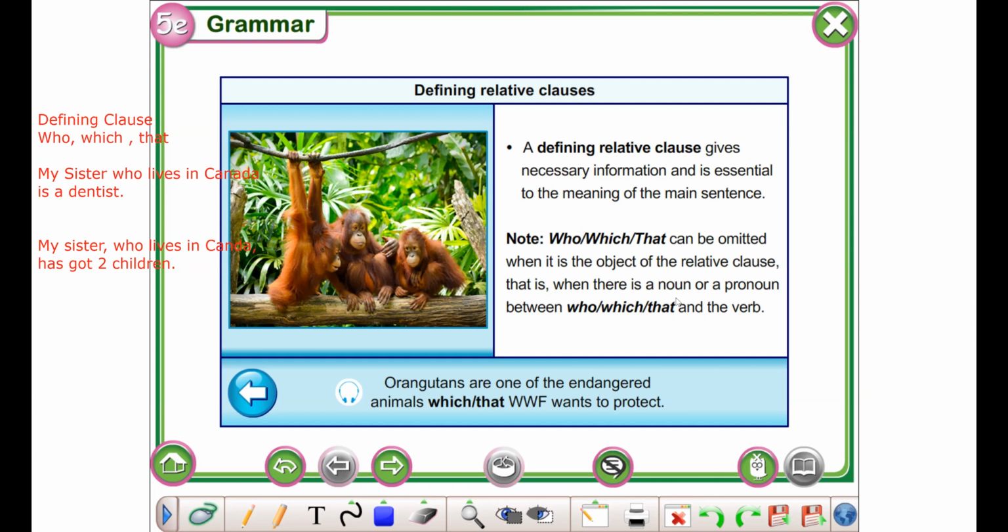Orangutans are one of the endangered animals which that WWF wants to protect. WWF. The World Wildlife Foundation. Yes, okay. So when we describe objects, we use which or that.